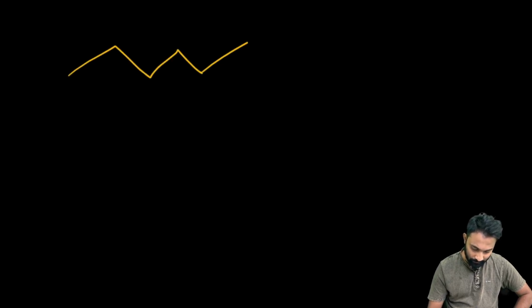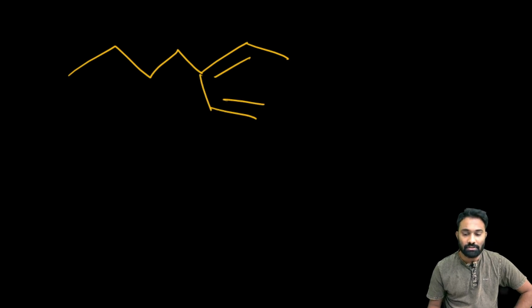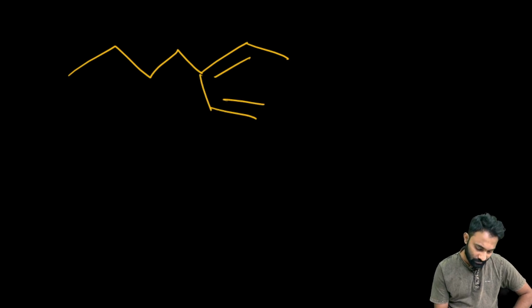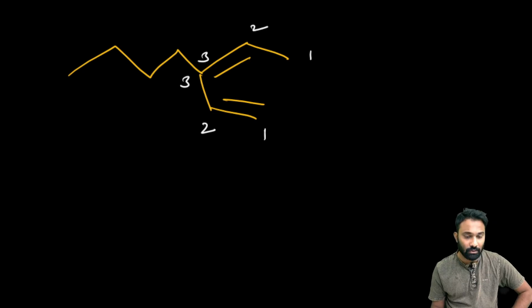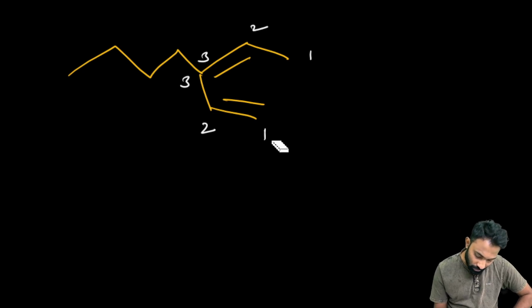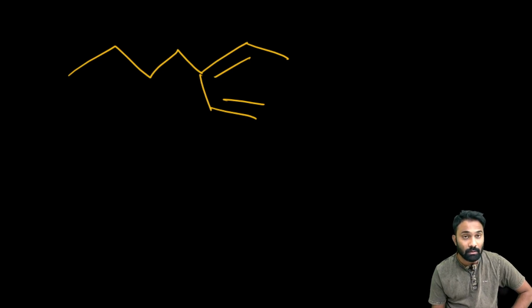Now next type of compound. This is the compound they have given. Now if you start the numbering from here: 1, 2, 3. If you start from the other side: 1, 2, 3. Clear? But what you have to see is that the maximum number of double bonds should be covered in the parent carbon chain.